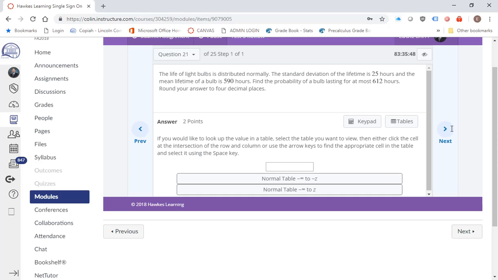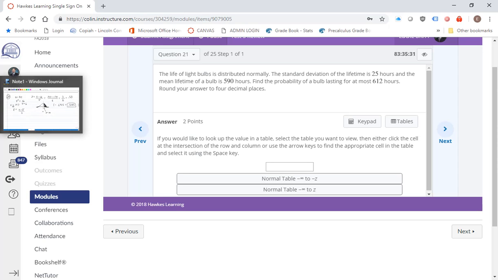No, that's not what it said. It said it's at most. Alright. Find the probability of a light bulb lasting at most 612 hours. So what does at most mean? Let's think about that. If you scored at most a 90 on a test, that means that you would have scored either a 90 or below, right?